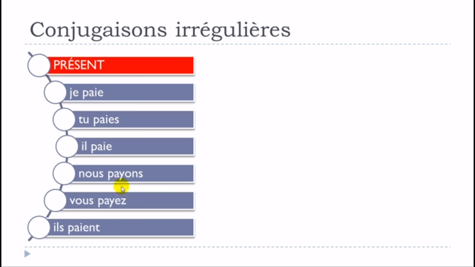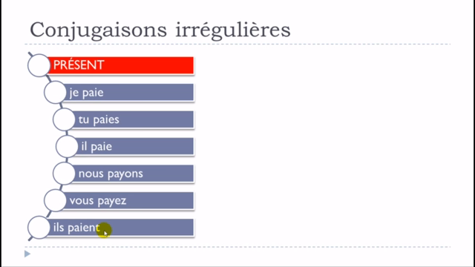For nous and vous, you can see that the Y is still here, so it's not a problem. It does follow the normal rule of conjugation for verbs of the first group. And then for ils, the plural form, it's exactly the same as we have for je, tu, and il. So you change this Y and you put I instead.